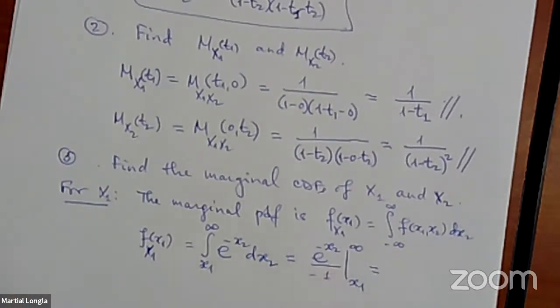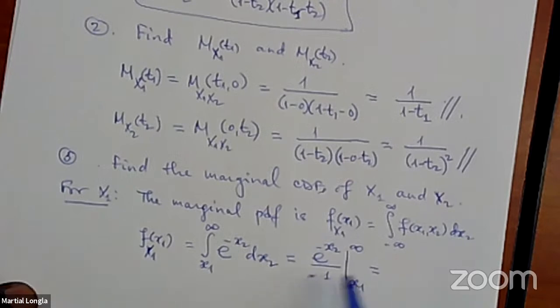And good news, when you plug in infinity, this is 0. And when you plug in x1 with the minus that is here, you get e to negative x1. This is for x1 positive, right? Because that's the range of x1 that we have.